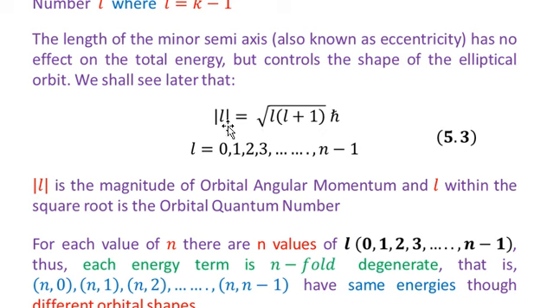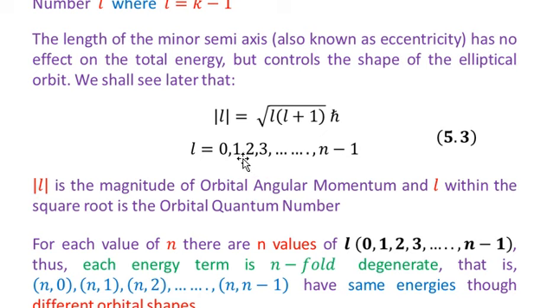And the two quantities are related through this relationship, where L now starts from the value of 0, 1, 2, 3, and so on up to the value of n minus 1. And if you talk about this relationship in terms of the quantum number k suggested by Sommerfeld, then of course the k value will start from 1, not from 0.